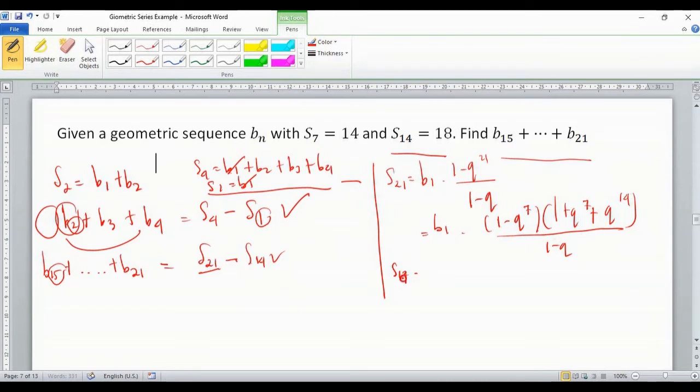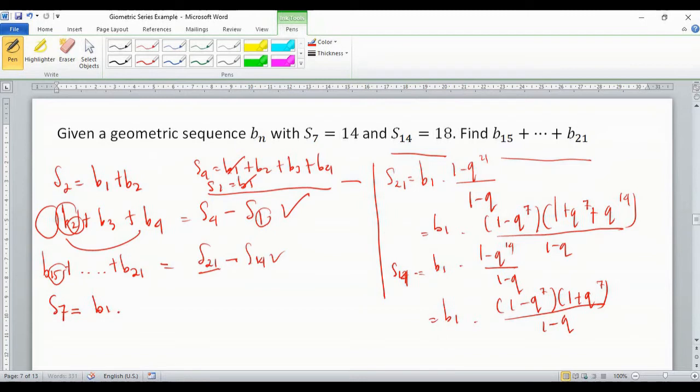S14 is equal to B1 times 1 minus q power 14 over 1 minus q, which is B1 times 1 minus q power 7, 1 plus q power 7 over 1 minus q. And then we have S7, which is B1 times 1 minus q power 7 over 1 minus q.